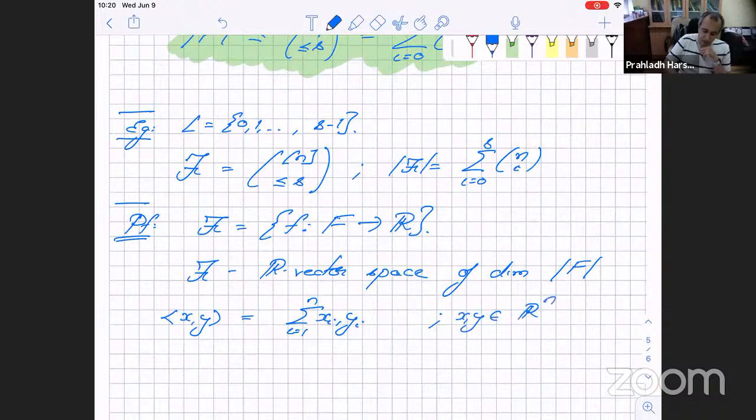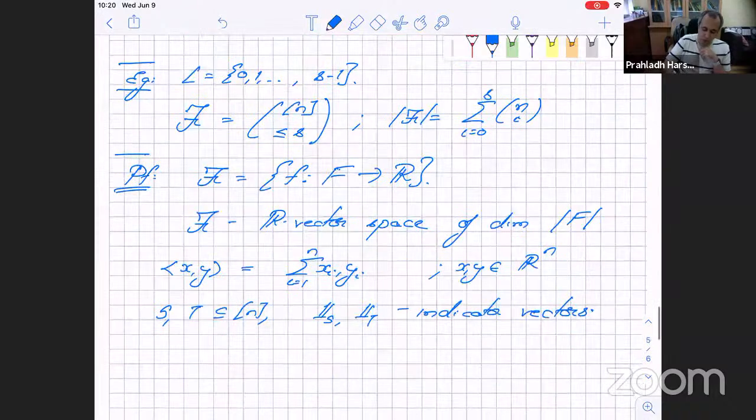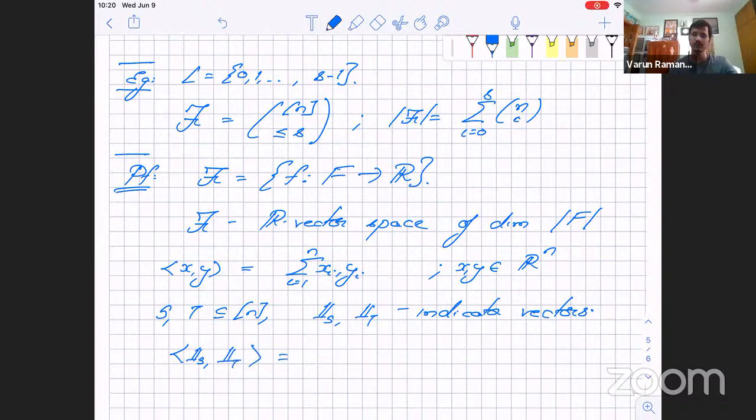Suppose S and T were subsets of [n], and 1_S and 1_T are the corresponding indicator vectors. What is 1_S dot product 1_T? No, sorry, it's the size of S intersection T.